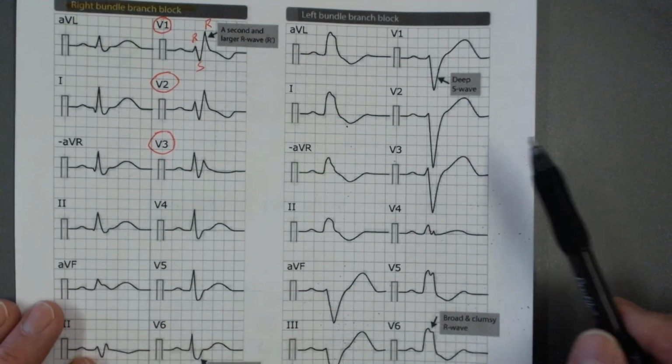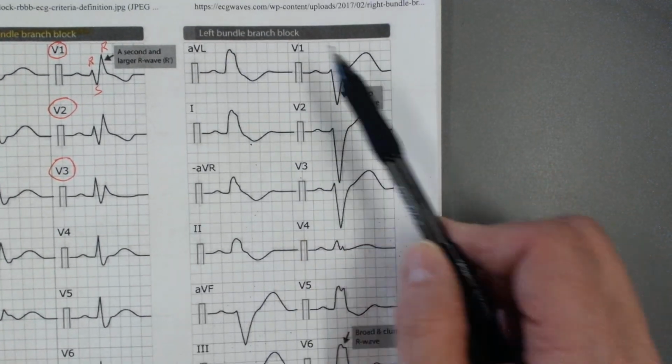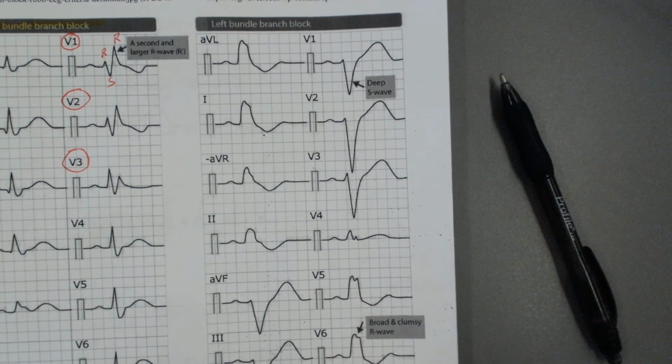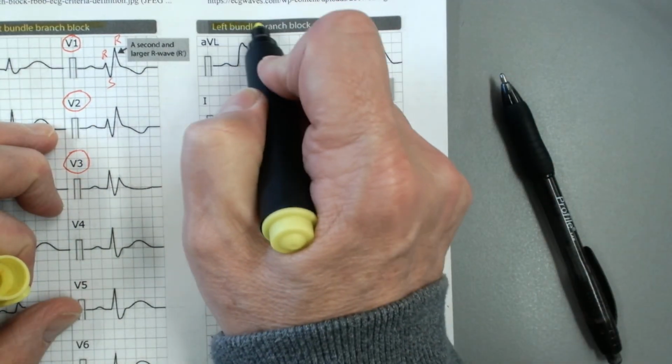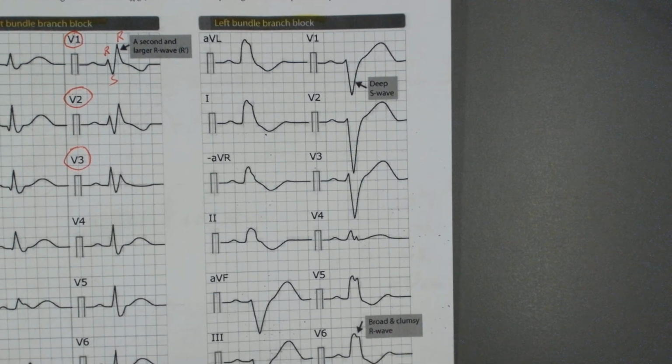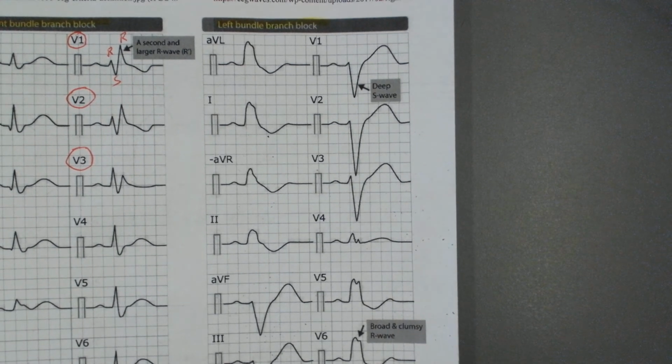Okay, now let's go to your left bundle branch block. In your left bundle branch block, your QRS complexes will be wide because of the delay in ventricular depolarization.